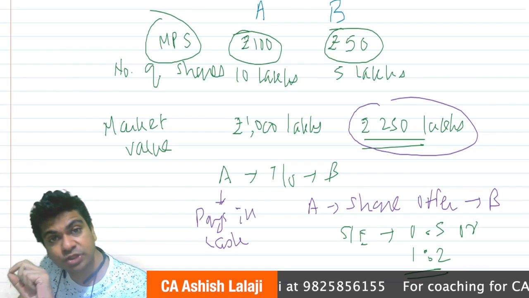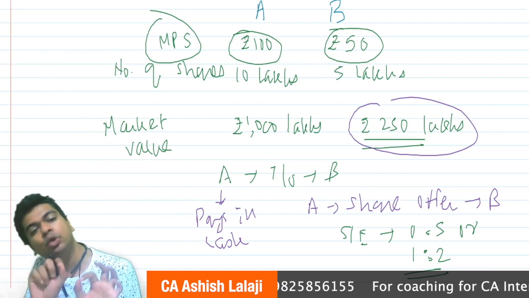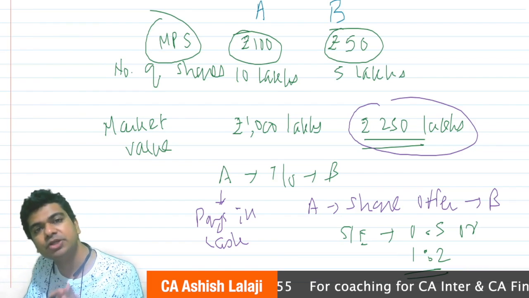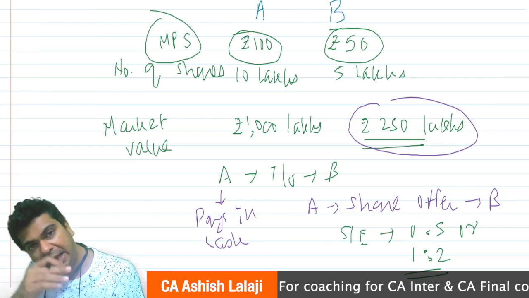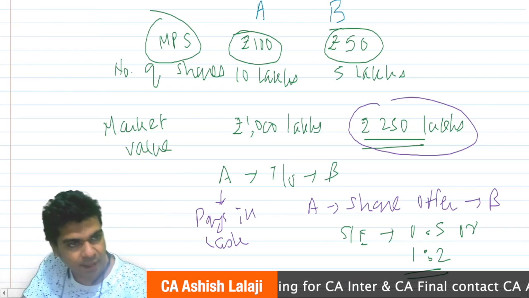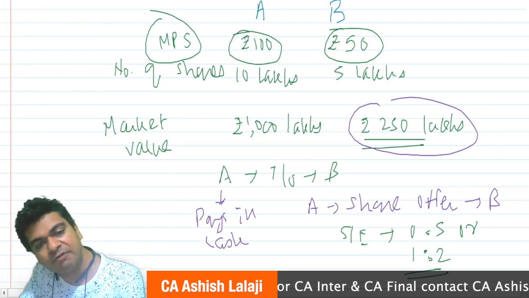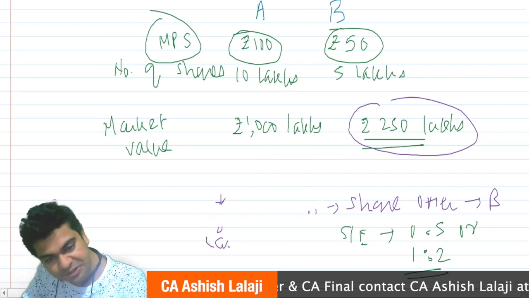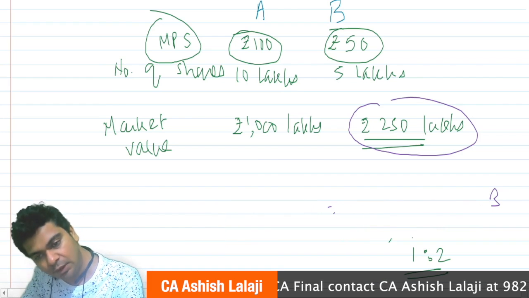A 1:2 share exchange ratio means for every 2 shares in the selling company, the purchasing company will issue 1 share. That is how a share exchange will take place. Just see what will happen in that kind of situation.